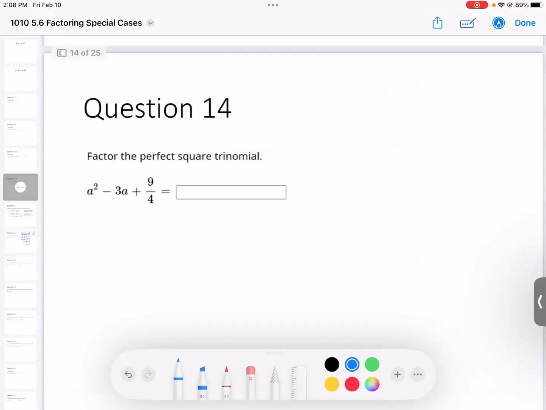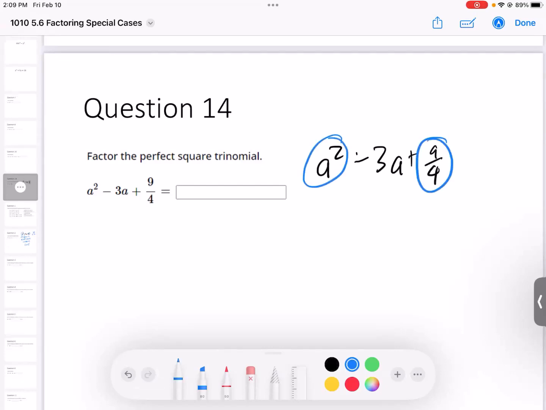So the fact that on question 14, they tell you this is a perfect square trinomial, it will help you a lot with the fractions, because when you say, I'm gonna write this out so you can see it because it's a little small. So we have a squared minus 3a plus 9/4. So if we were to solve it the way we did it yesterday, we would take 9/4 times a squared, and that would give me 9/4 a squared.